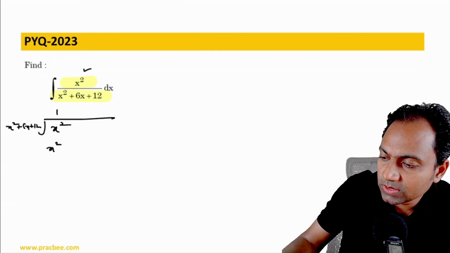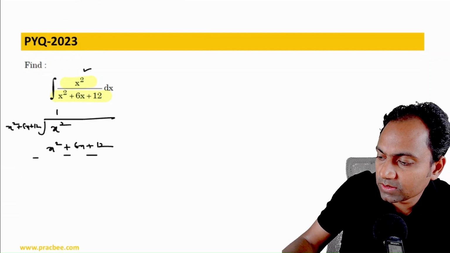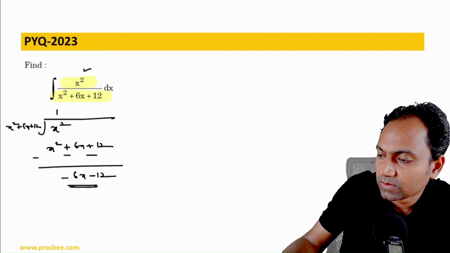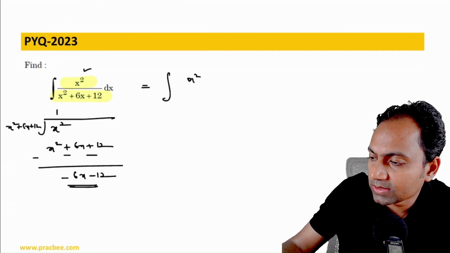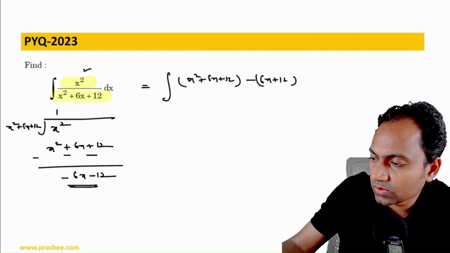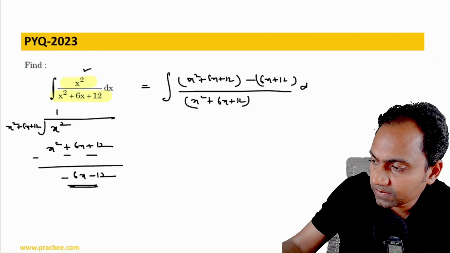So if I do so, I will have to write 1 here, and x square plus 6x plus 12 minus gives minus 6x minus 2. It can be rewritten as the integral of (x square plus 6x plus 12 minus 6x plus 12) by (x square plus 6x plus 12) dx.